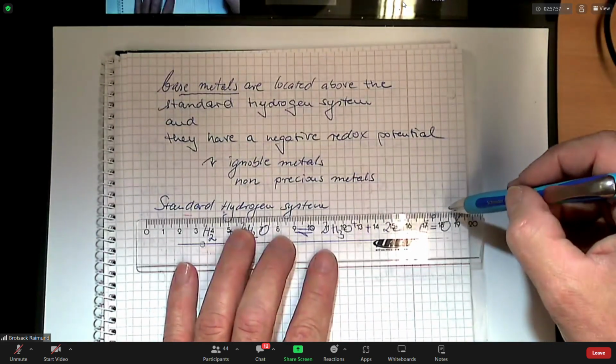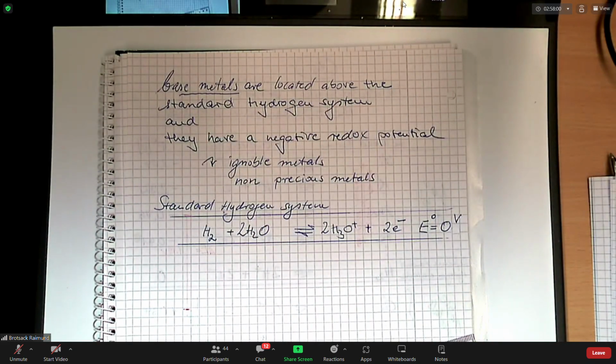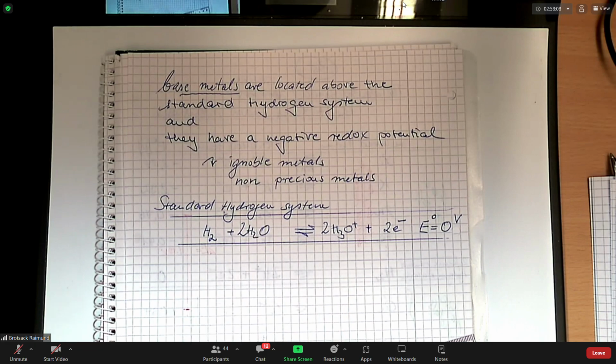Now written in a more fully formed way, not only focusing on hydrogen and H+, we have it in water.